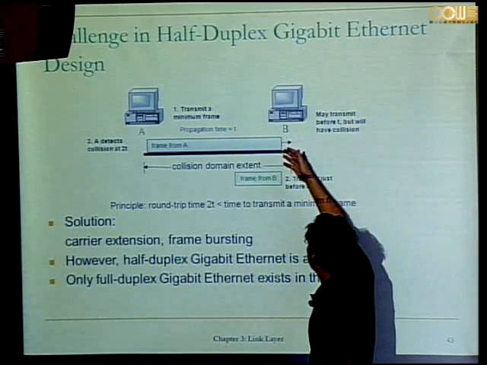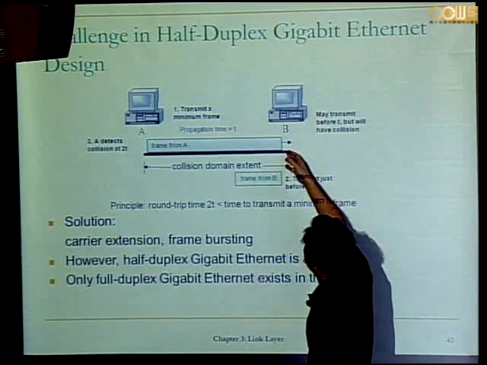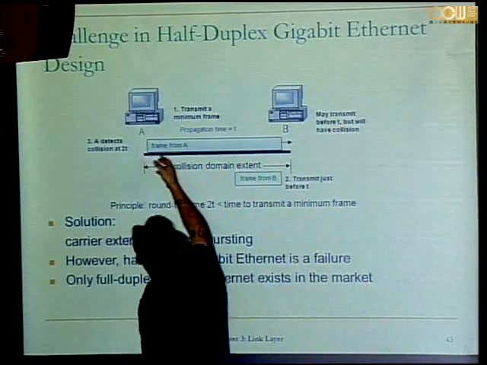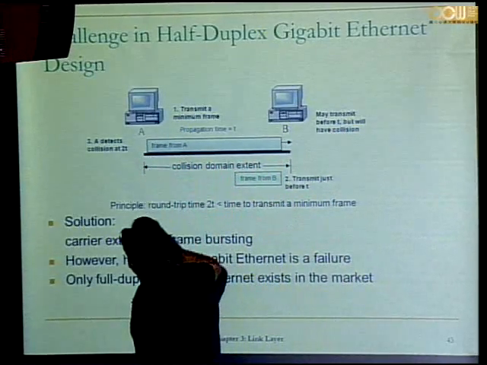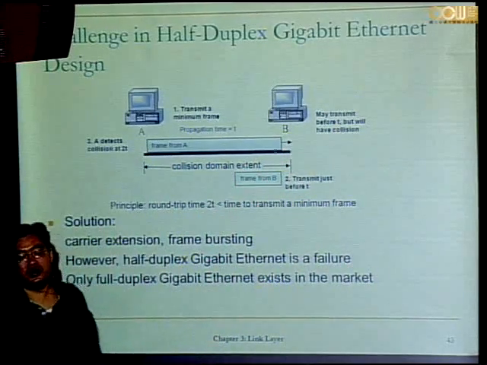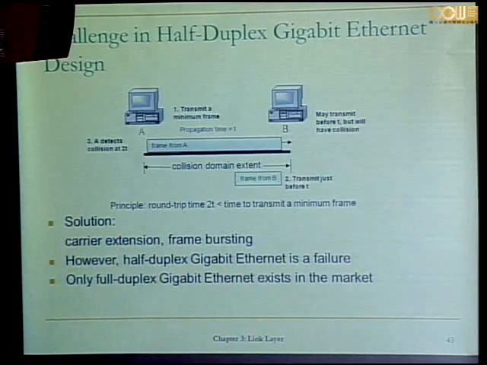They collide with each other, and the collision signal will propagate to A, right? So how much time does it take, in the worst case, for the collision signal to reach A? That'll be the round trip time.